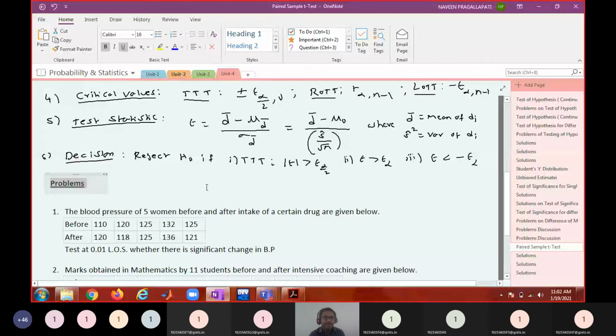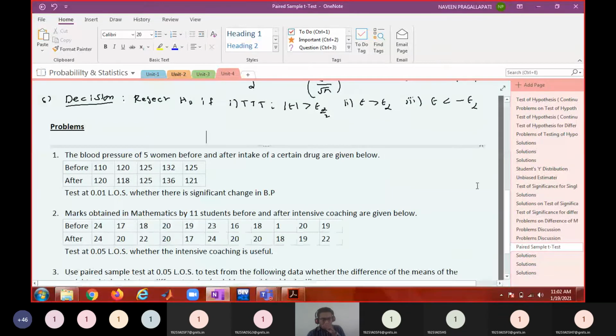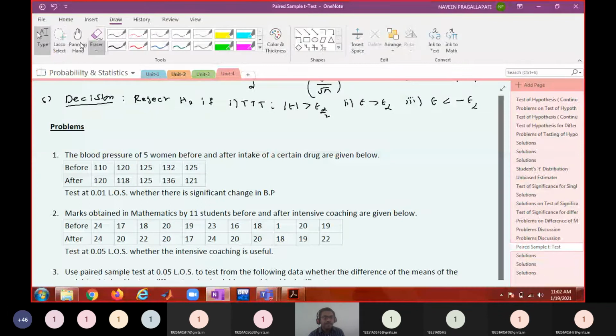Did you note it down? The blood pressure of 5 women before and after intake of a certain drug are given below. This is the data.